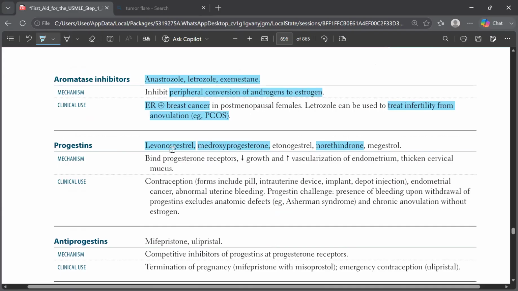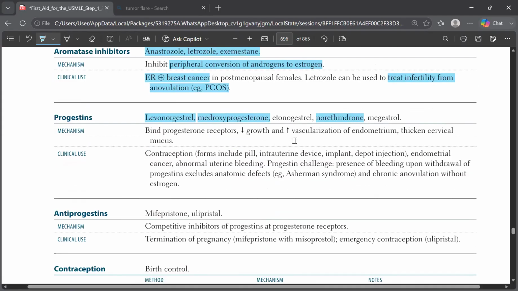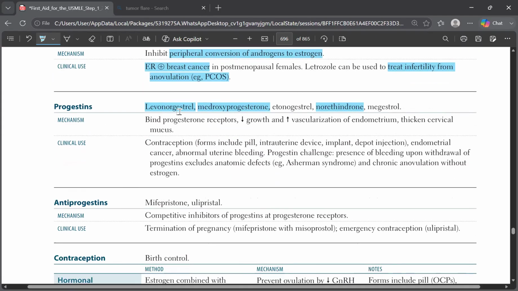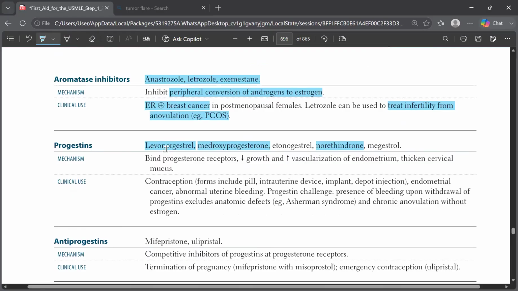They're such messed up names. There's like an R difference between levonorgestrel and etonogestrel. It is not etonor, it is etono. And there's an E and O difference between etonogestrel and megestrol. Medroxyprogesterone is simple, and norethindrone is somewhat difficult to remember because it has no gestrel or gestrone in it.